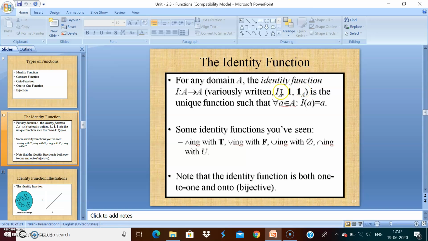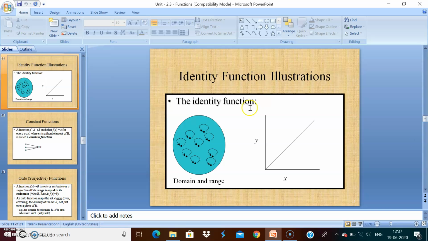Then a function f from A to A such that f(a) equals a is said to be the identity function, in brackets I of A. The identity function has the same domain and range, each element to itself: 1 to 1, 2 to 2, 3 to 3, 4 to 4, 5 to 5. That is the x-axis and the y-axis.